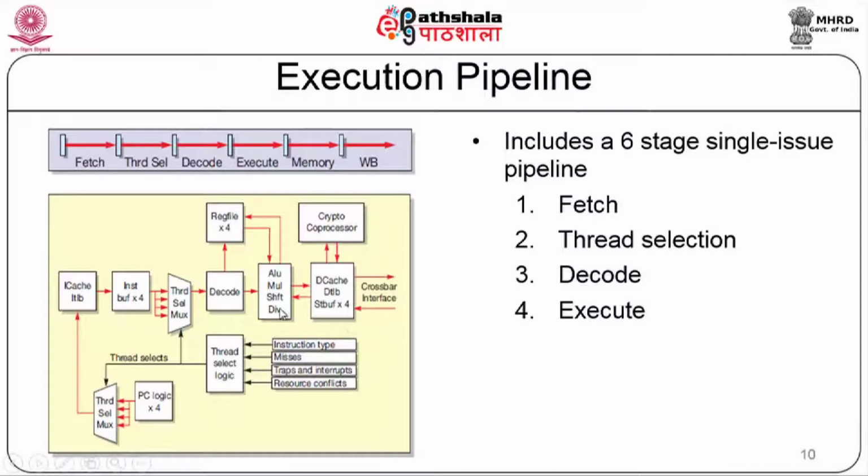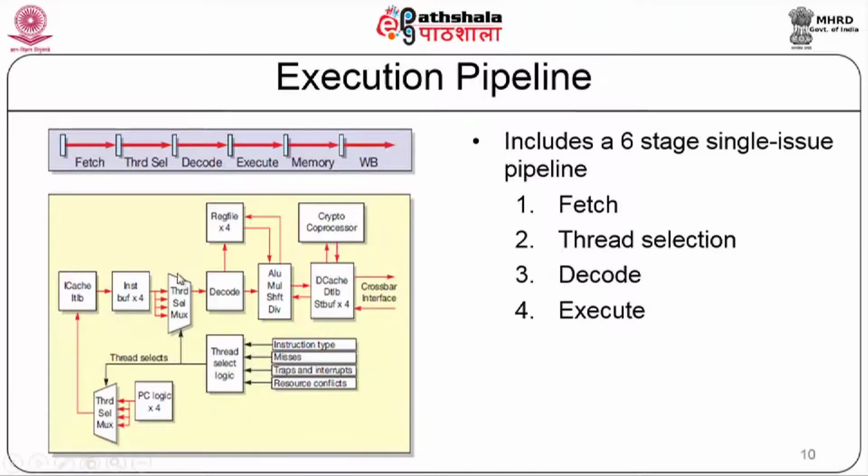Whatever has been replicated for every thread, the register file, you have 4 units here, and that has been indicated here. Your instruction buffer is also 4, one for each and every thread. So that is the basic pipeline here. The instruction gets fetched, it moves into the instruction buffer. So you have 4 streams of execution depending upon the 4 threads.